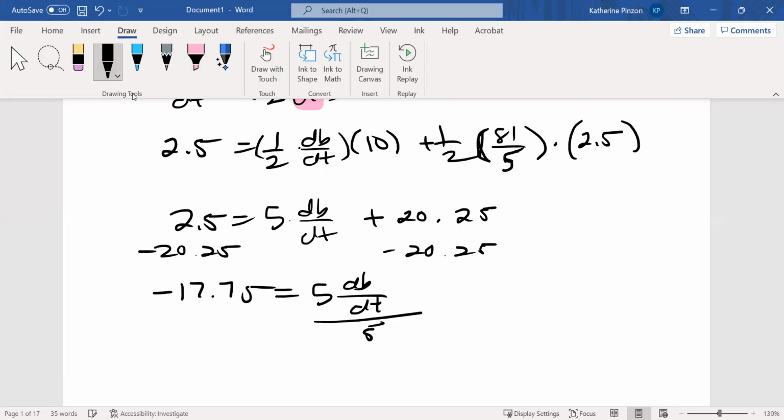Okay, and then I'm going to divide by 5. Negative 3.55.